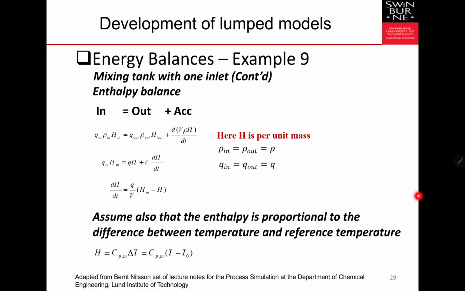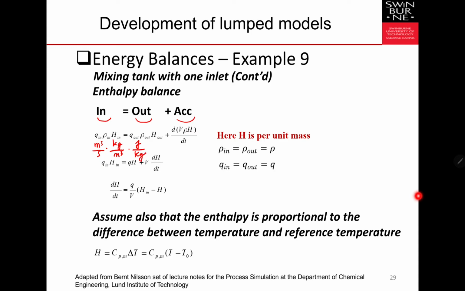So in will be equal to out plus accumulation. What is important here is the unit. Always check the unit: meter cube per second multiplied by kilogram per meter cube multiplied by joule per kilogram for the H, or the enthalpy.